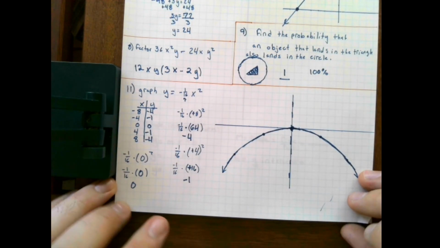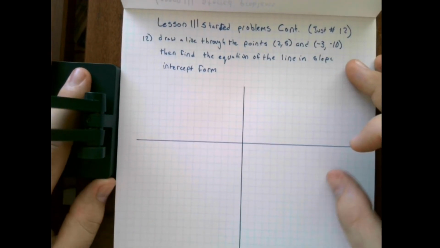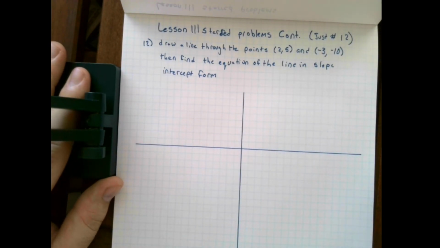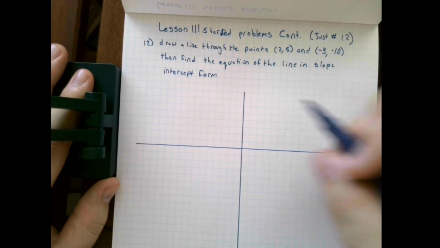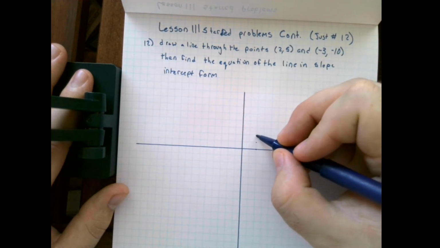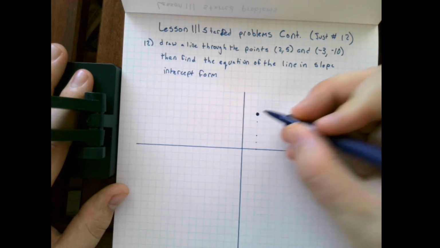Now, there's one more star problem. It's question number 12. Now, question 12 says, draw a line through the points 2, 5, and -3, -10. So I'm going to put the points 2, 1, 2, 3, 4, 5. This is 2, 5.